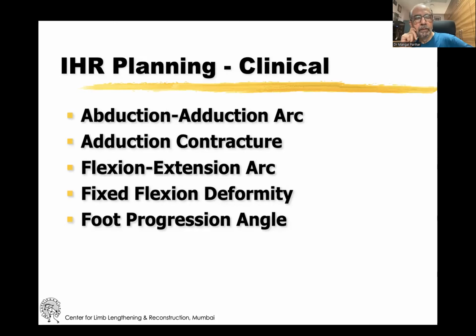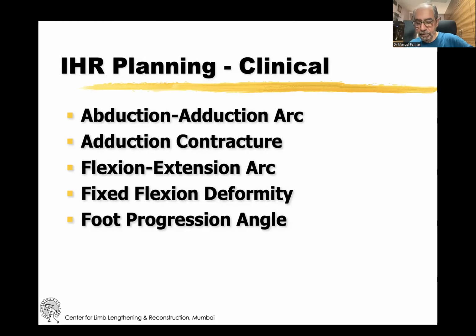Now, when we do it with the rail fixator, we do the realignment first and then the lengthening. So when you want to plan this, clinically, we are looking at the adduction-abduction arc. Is there some adduction contracture? What's the flexion extension, any flexion deformity, and the foot progression angle? All of this is because you come to know how much rotation, etc., since that cannot be checked on X-ray.